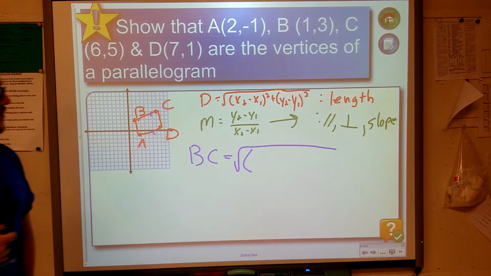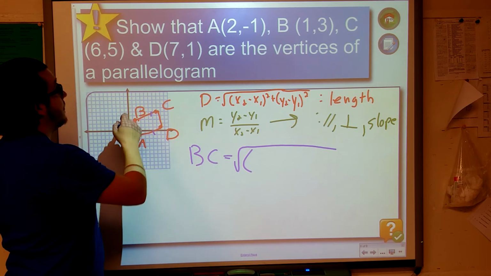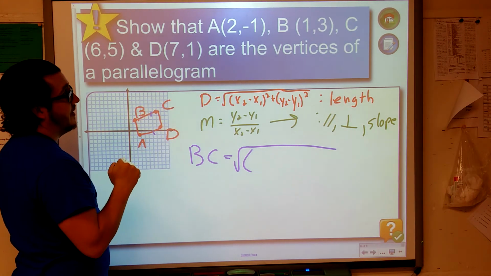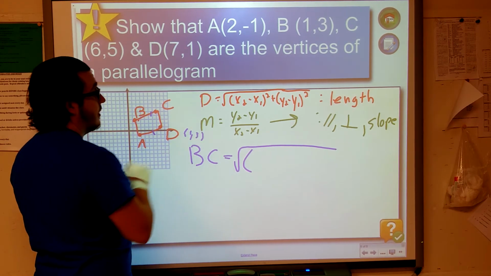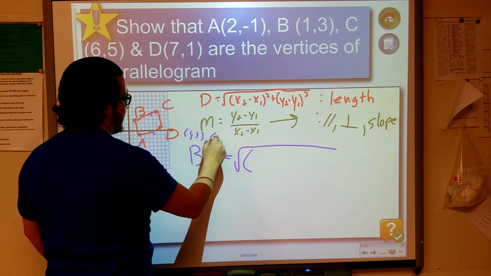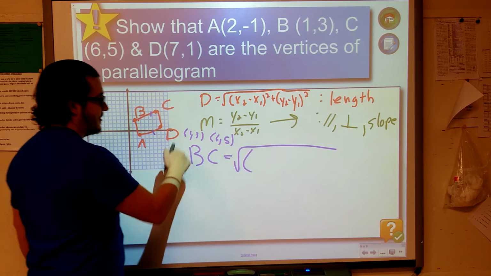So, first off, we've got to set up a distance formula for BC. B we know is (1, 3), and C is (6, 5). So we subtract our x's, 6 minus 1.